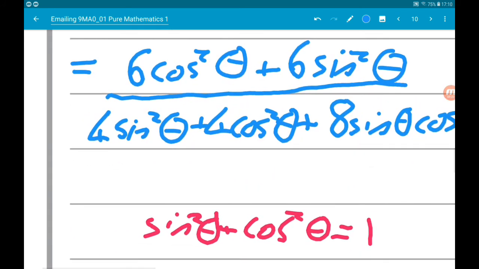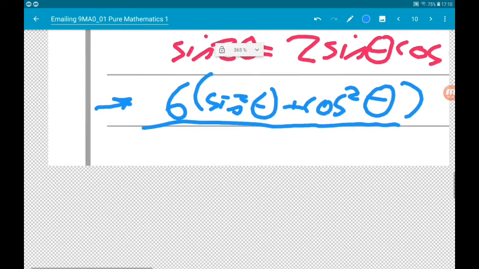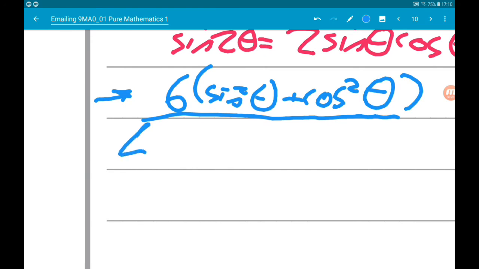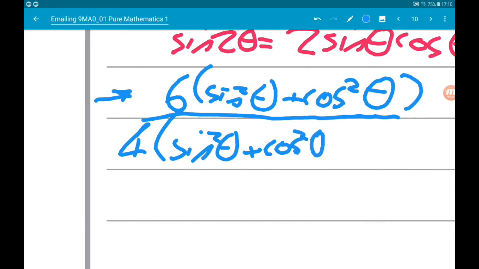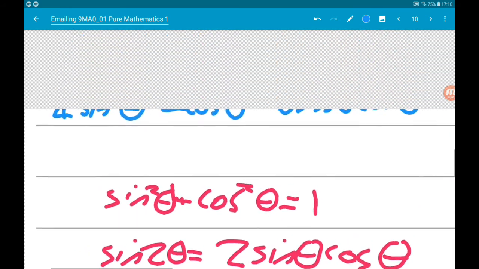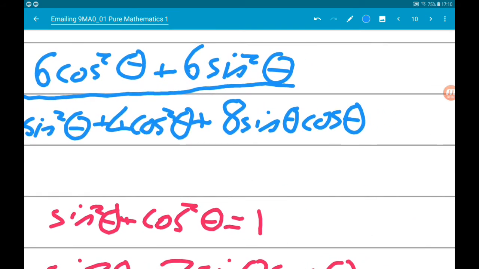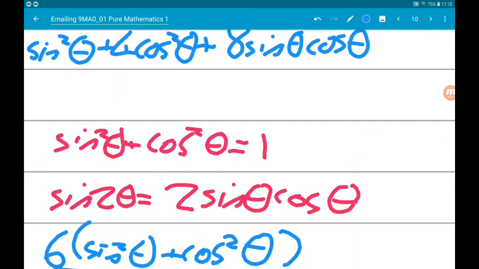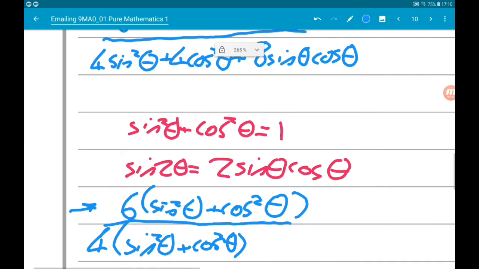We got 4 sine squared add cos squared, and then 8 sine theta cos theta using the identity is 4 times sine of 2 theta.